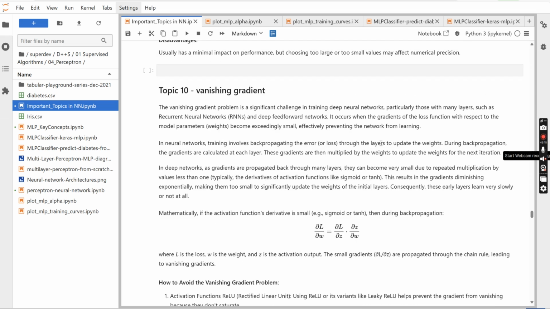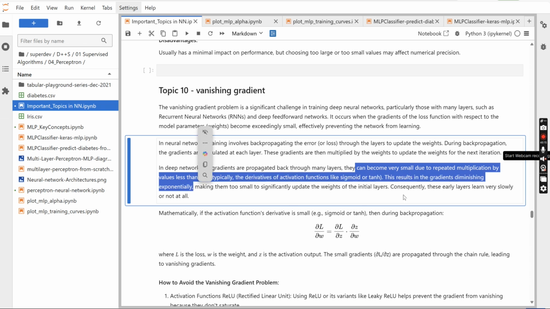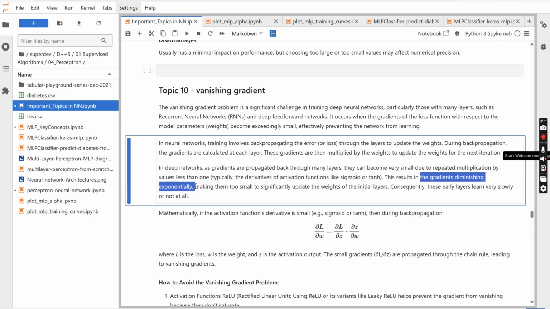When you are doing that, these values become very small, as I just said. Because you are doing multiplication and subtraction multiple times, those values decrease very much, and they diminish exponentially. If they become exponentially small, there is no learning.